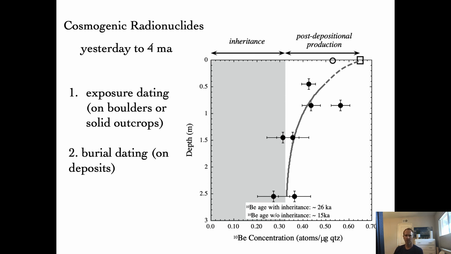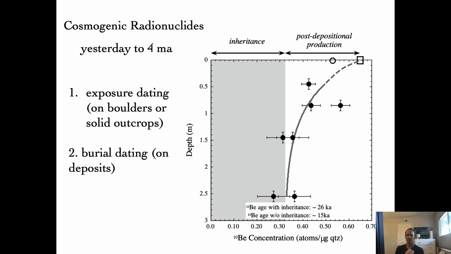So there's a couple different nuclides that are used. Beryllium-10 is a common one. Aluminum-26 is another. And you can either do this in what they call exposure dating. So if I have something like the wall of a canyon in Yosemite and I want to know how long that's been exposed to the atmosphere, I can collect a sample and figure that out.